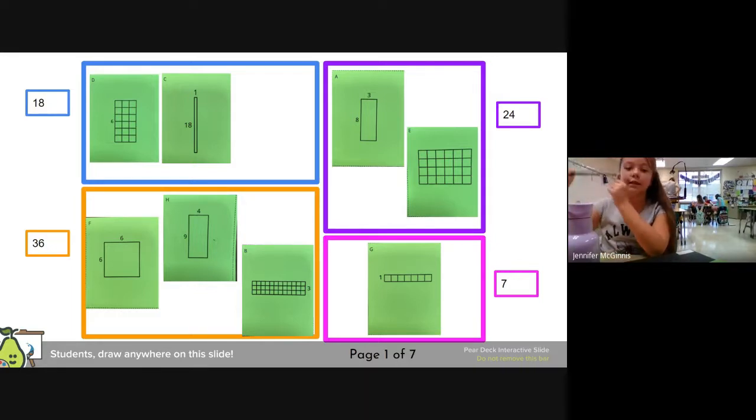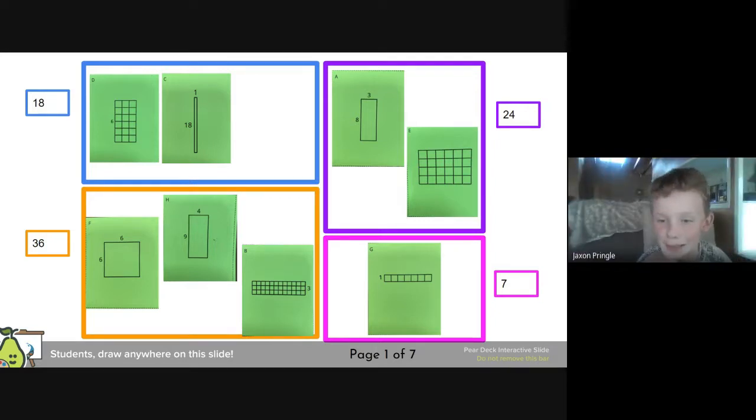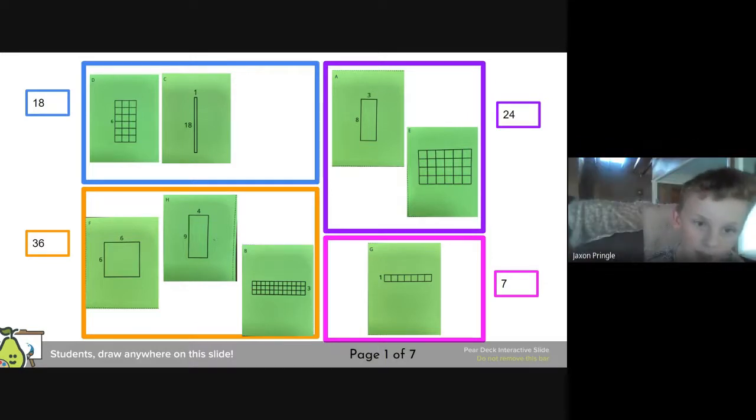We can do 6 and 6 because that's already something that we have. Can we do 4 and 8? Wait, do they already have that? Nope, that's for 9.